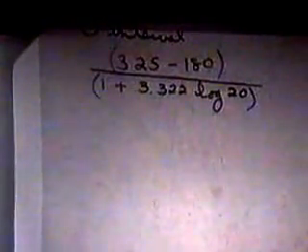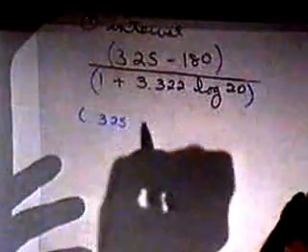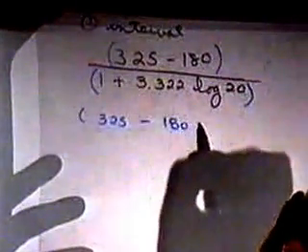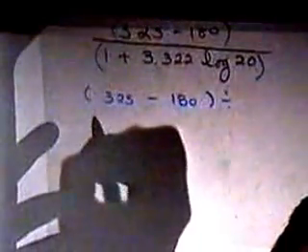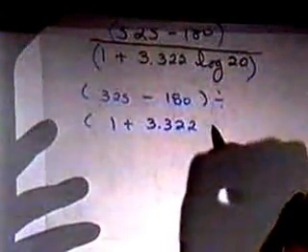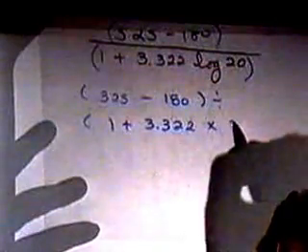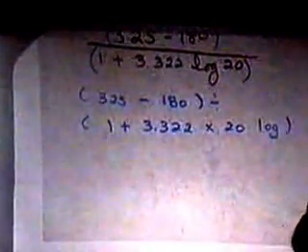So punch it in your calculator as parentheses 325 minus 180, close parentheses, divide, parentheses 1 plus 3.322 times 20 log, close parentheses.